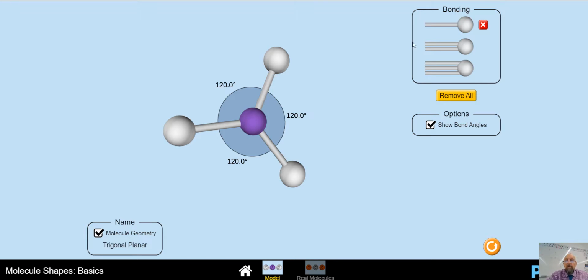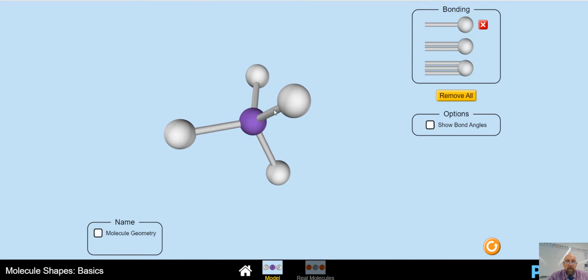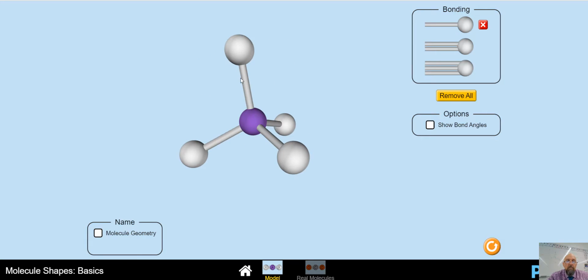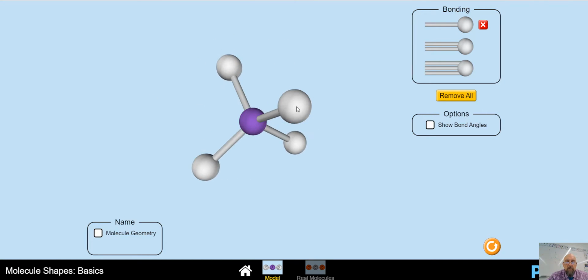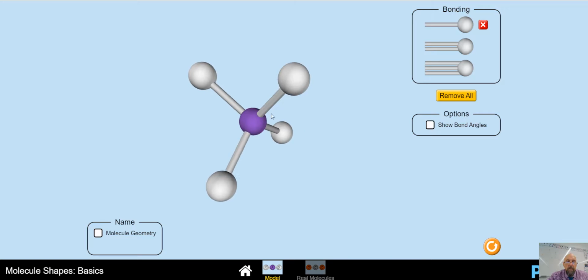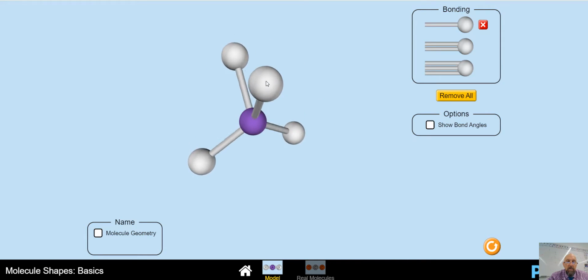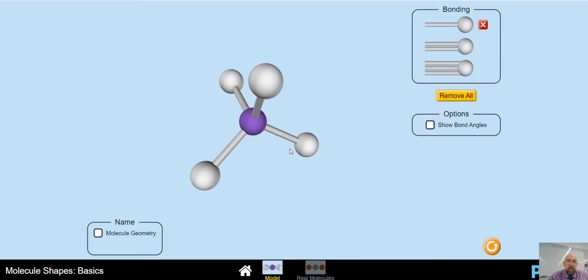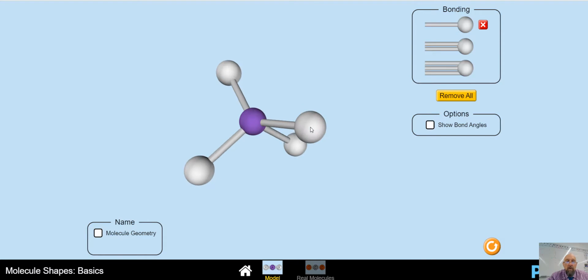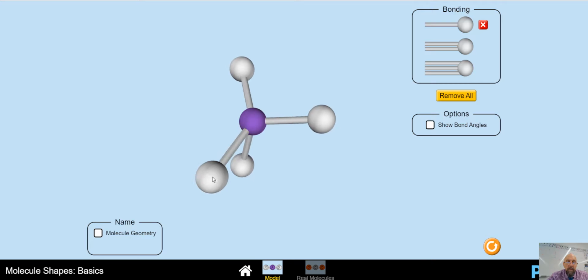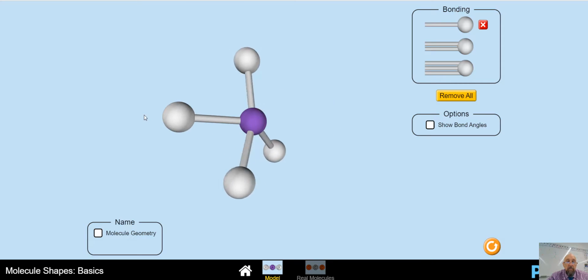All right, what about if I put 4 sets in? Let me turn the geometry off and turn the bond angles off. If I put 4 sets in, this is getting towards a methane molecule. If I try to move it, I can't. No matter which way I move the structure, all of these electrons, 1, 2, 3, 4 sets now, are going to repel one another, and that's how valence shell electron pair repulsion works.